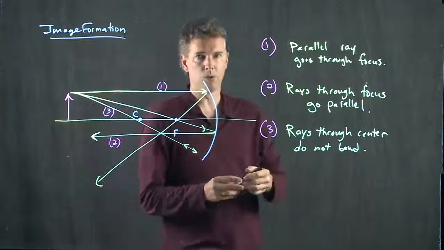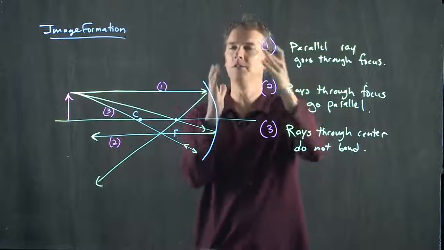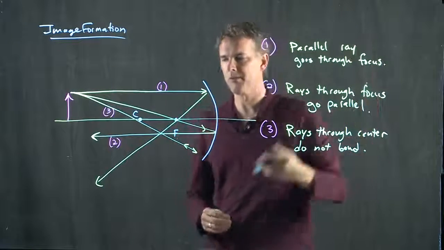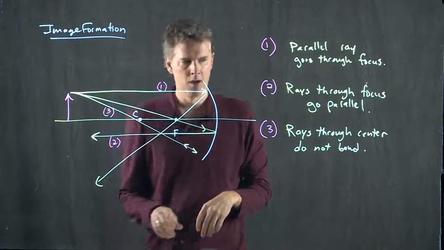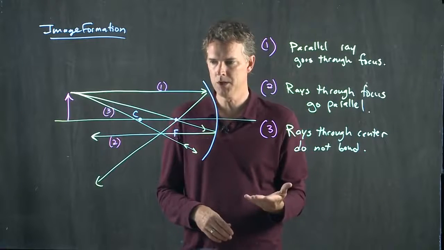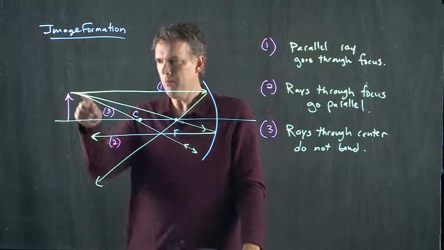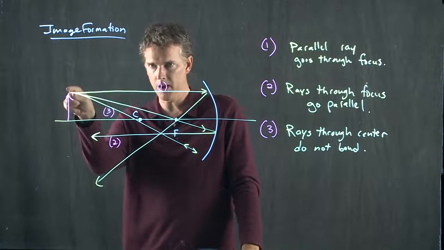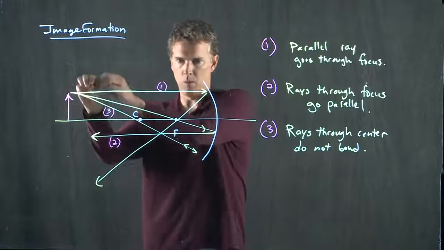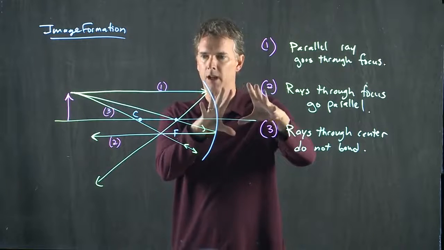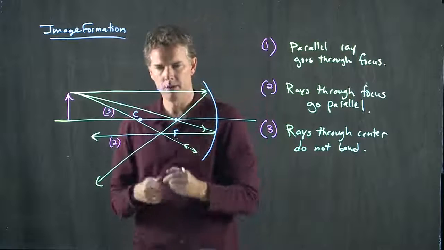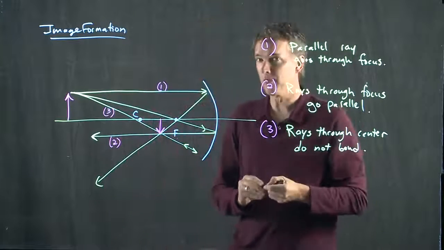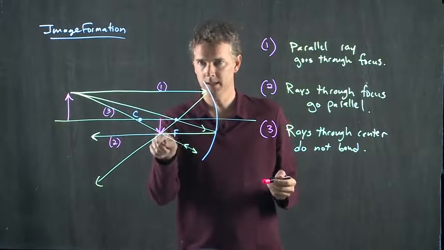And these 3 rules are important to understand because they not only apply to mirrors, they are going to apply to lenses once we start talking about lenses. So, where is the image in this picture? The image is where the rays all meet. They started there at the tip of the object, they went out in all these different directions, and then they came back together right there. So that's where the tip of the object is.